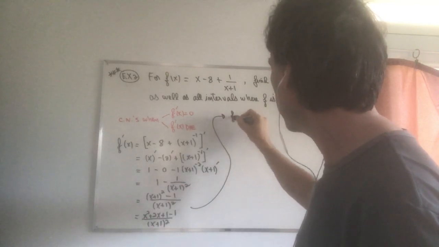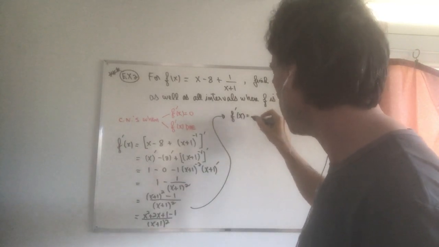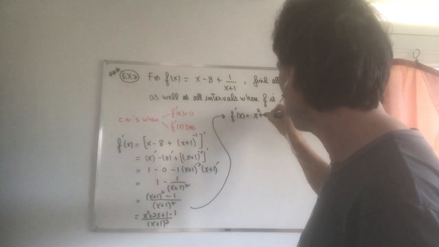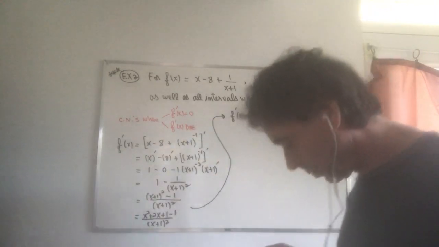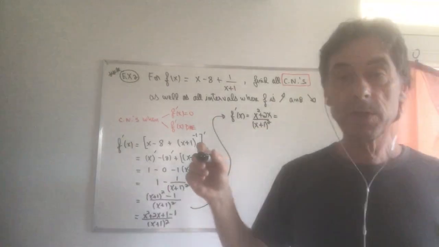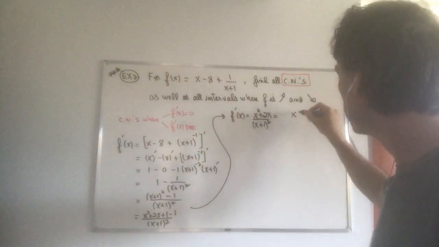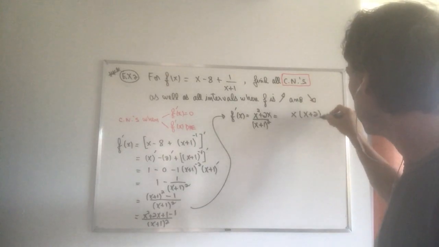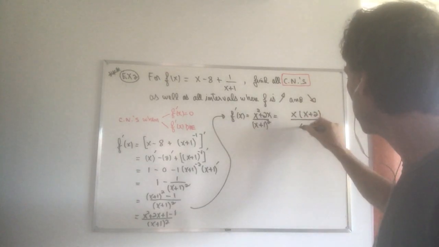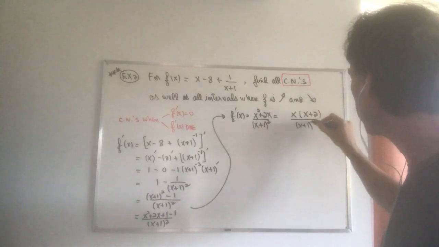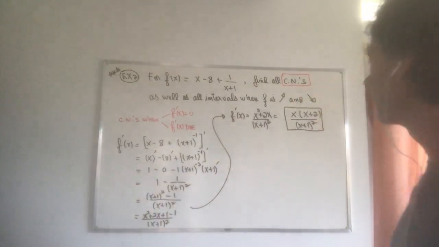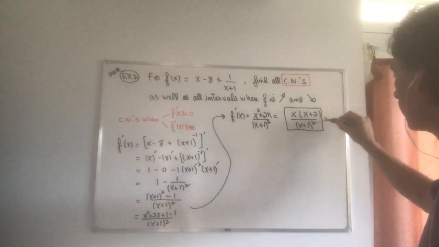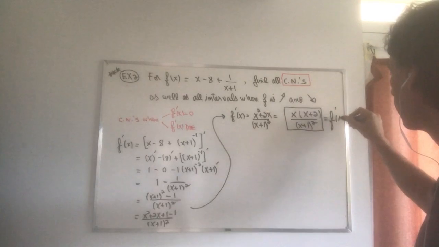So I have f prime of x equals x squared plus 2x over x plus 1 squared. And to make one last simplification on this, I'm going to take out an x from the top. And this is our f prime in its most simplified version. That is f prime.